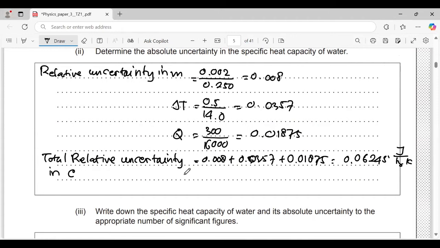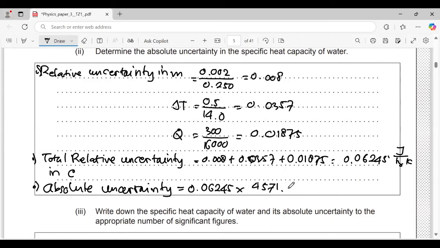And now the absolute uncertainty: 0.06245 times 4,571.4.